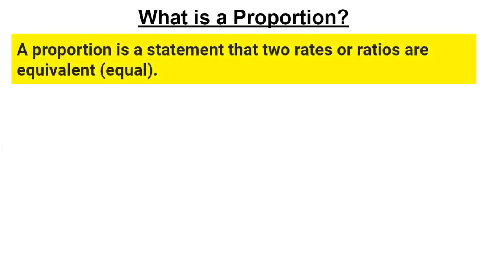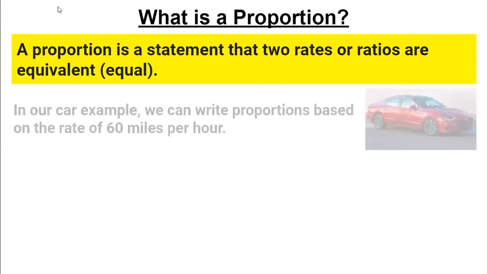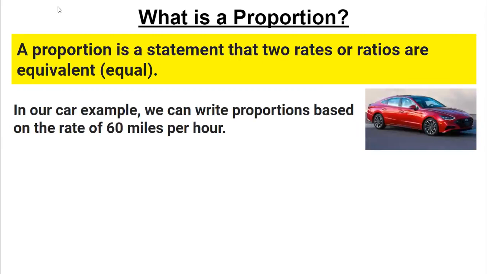So let's take a further look at this. So what is a proportion? I just mentioned proportion. A proportion is a statement that two rates or ratios are equivalent. Equal. Equivalent, remember, means to equal. So in our car example, we can write proportions based on the rate of 60 miles per 1 hour. There's our 60 miles per 1 hour. That's our rate written as a fraction.